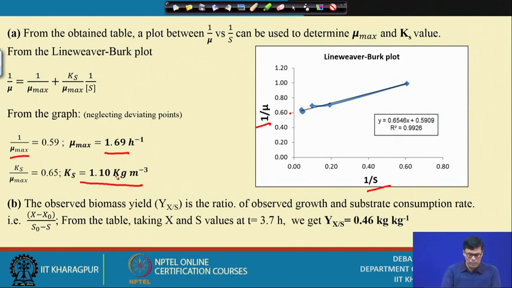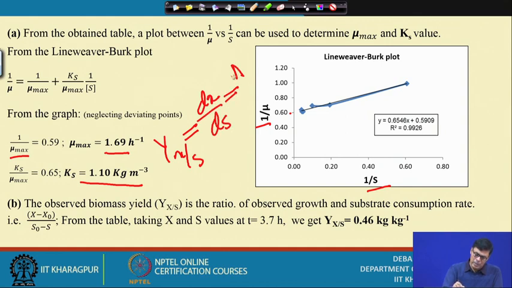Now, the question comes: what is the observed biomass yield, the ratio? So, what we can write is Y x by s is equal to dx by ds. Am I right? And this we can write as del x by del s, which is equal to (x minus x0) by (s0 minus s).